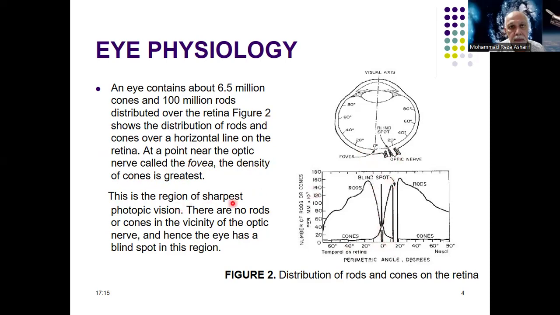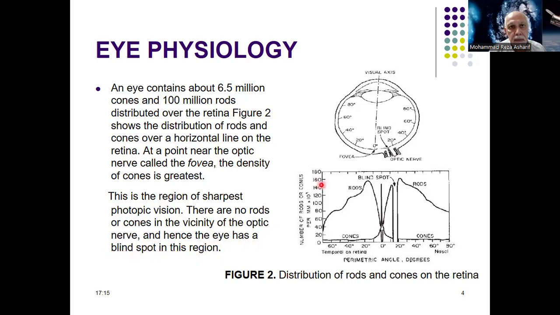This region has the sharpest optical vision. There are no rods or cones in the vicinity of the optic nerve, and hence the eye has a blind spot in this region.